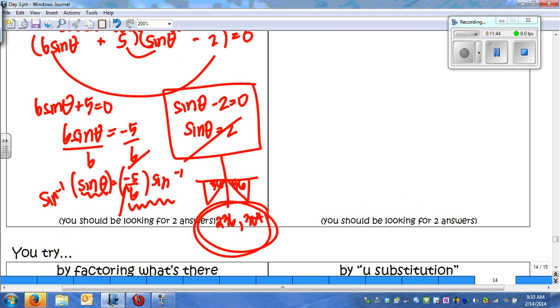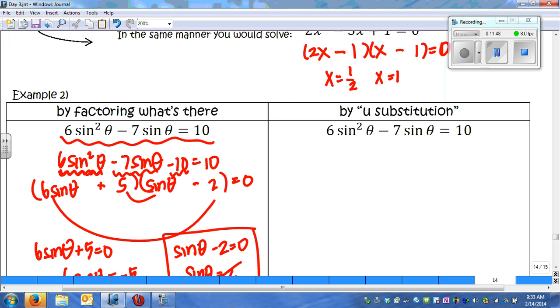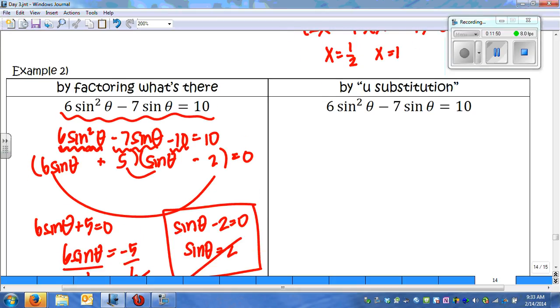Now, before you try one on your own, I want to teach you an alternative method to solving this quadratic trig equation. It's something called U substitution. If we first subtract 10, just like in the first example, we have 6 sine squared theta minus 7 sine theta minus 10 equals 0.